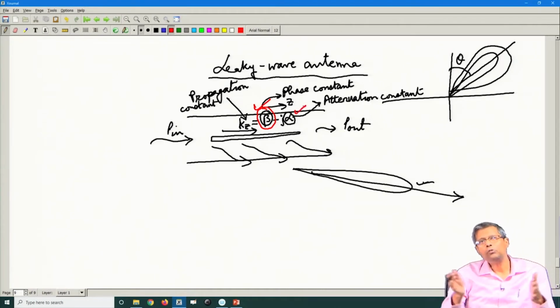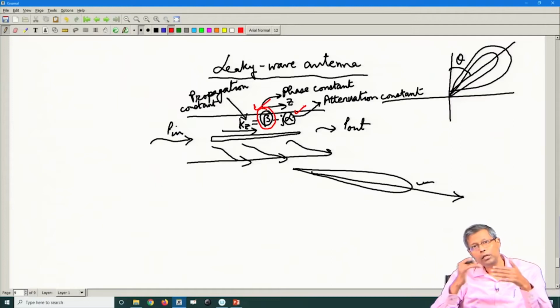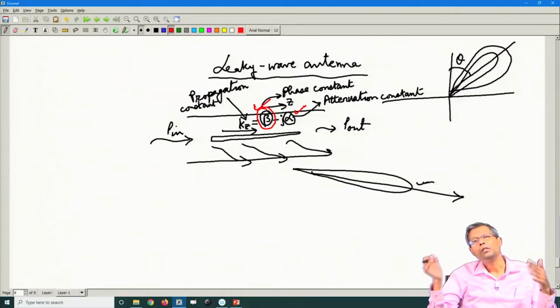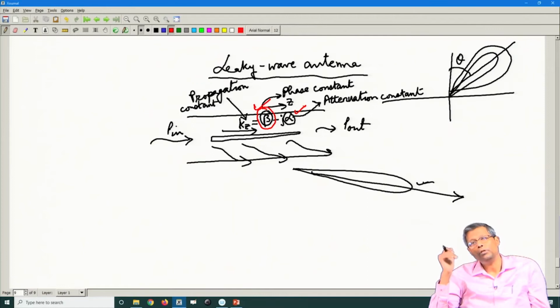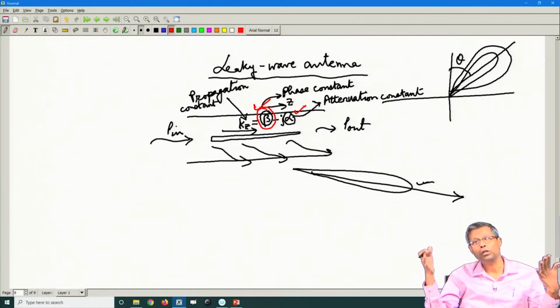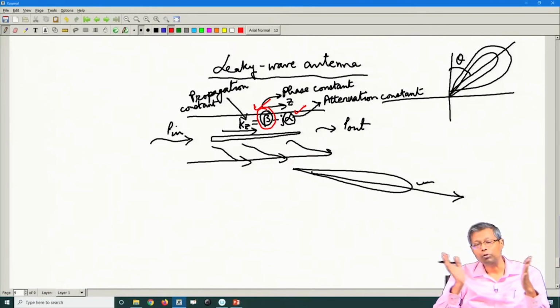The lower the attenuation constant, the slower the decay of the beam, and the more directive the beam will be. On the other hand, the larger the attenuation constant is, the faster the decay of the beam and the wider the beam will be. So, the directivity will be lower.